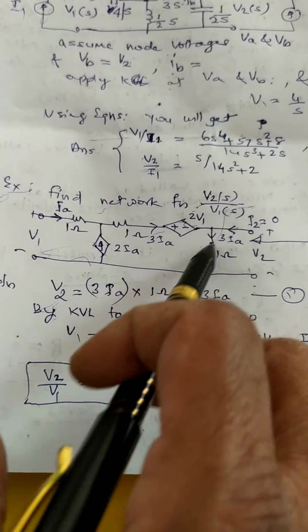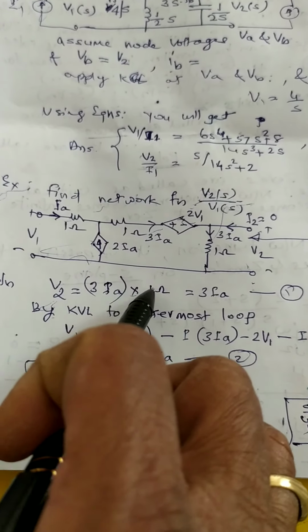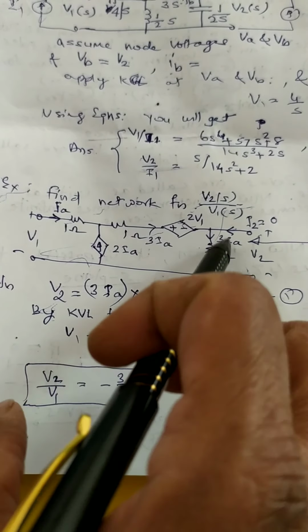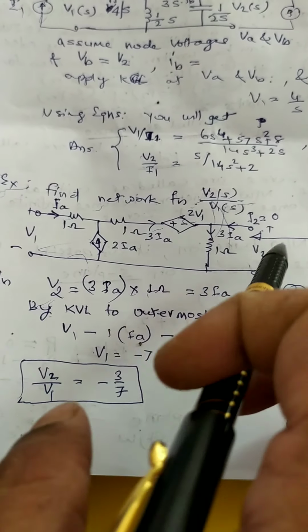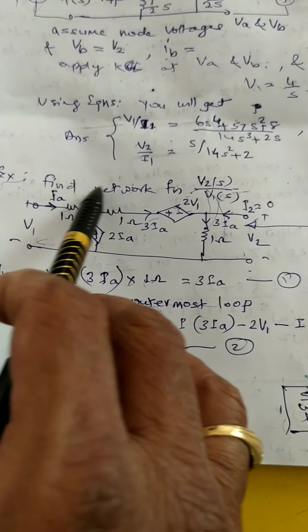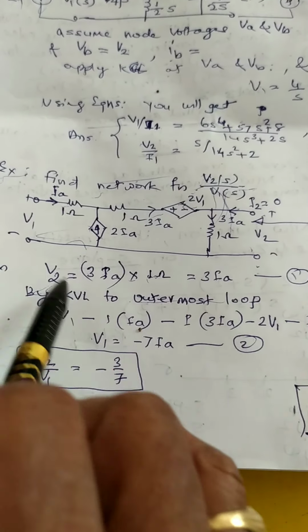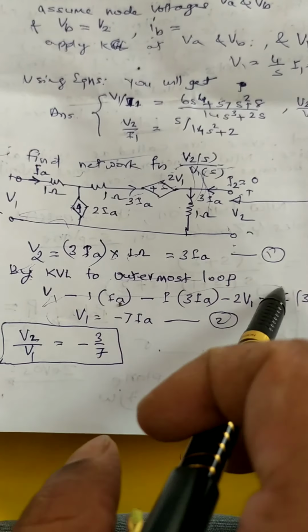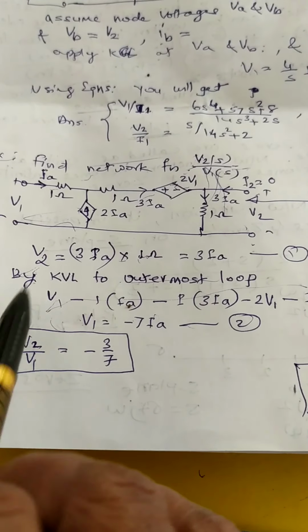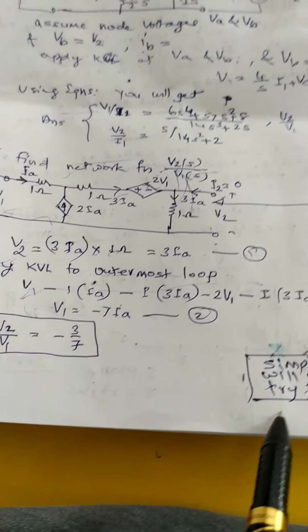One equation I can produce on this side is V2 equals 3IA into 1, so 3IA is the current down here. Then by KVL on the outermost loop connecting V1 here, I can write one more equation which gives V1 equal to minus 7IA. Taking the ratio of these two, I will get minus 3 by 7.